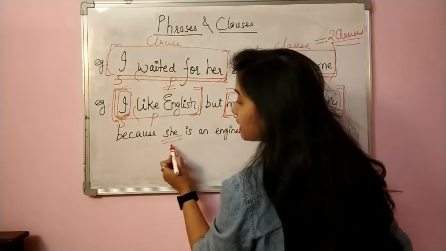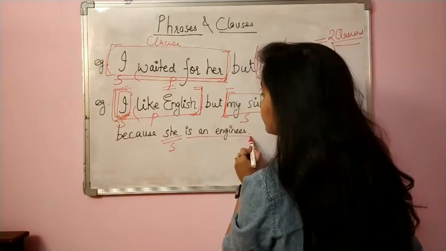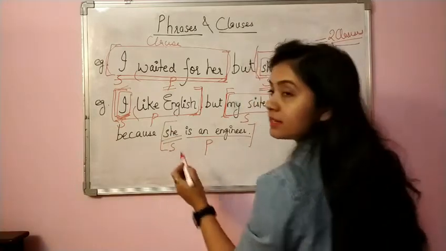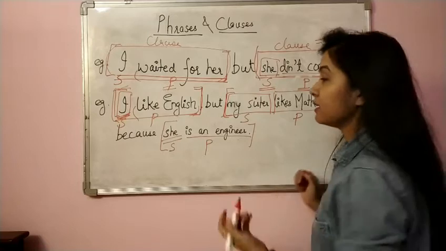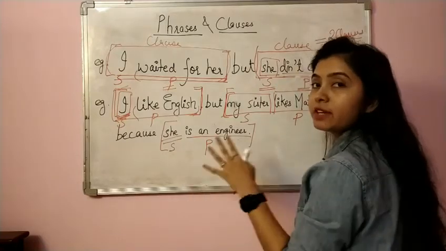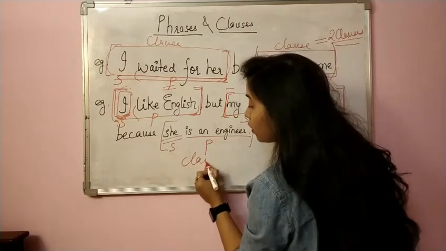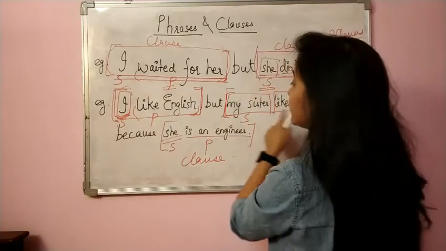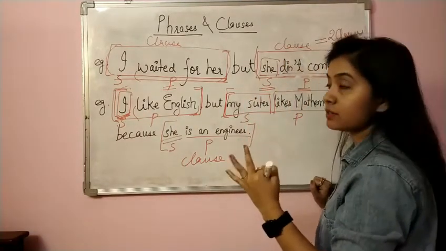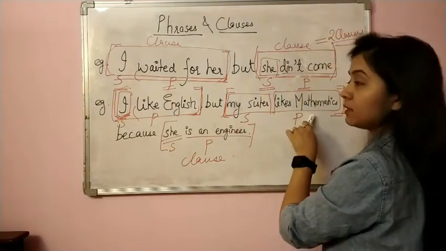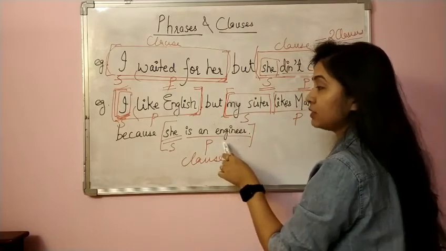So she becomes the subject, is an engineer becomes the predicate, and this is one complete sentence, वो engineer है. This is one complete sentence which has complete meaning, can stand alone, hence this is also a clause. Therefore, this sentence has three clauses involved.